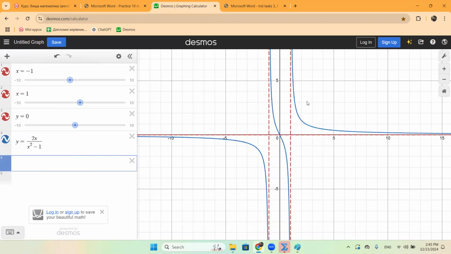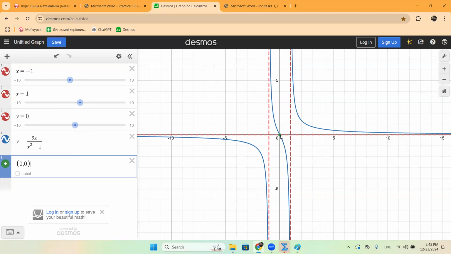By the way, you also need to mark intersection points with the coordinate axes, but we have only one point, 0, 0. This is the intersection point of the graph, and also the inflection point.